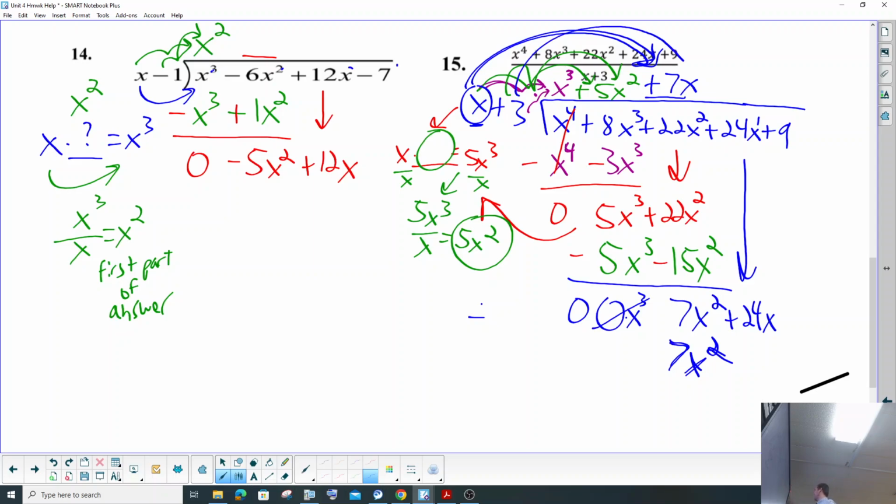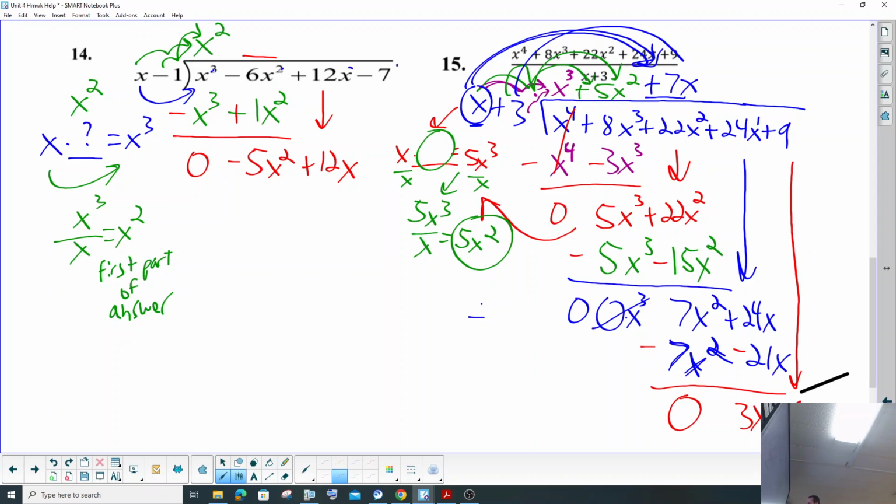So 3 times 7 is 21x. Change the signs. So then we change those signs and we get 0. 24 minus 21 is 3x. Good. And now we bring down our last one.